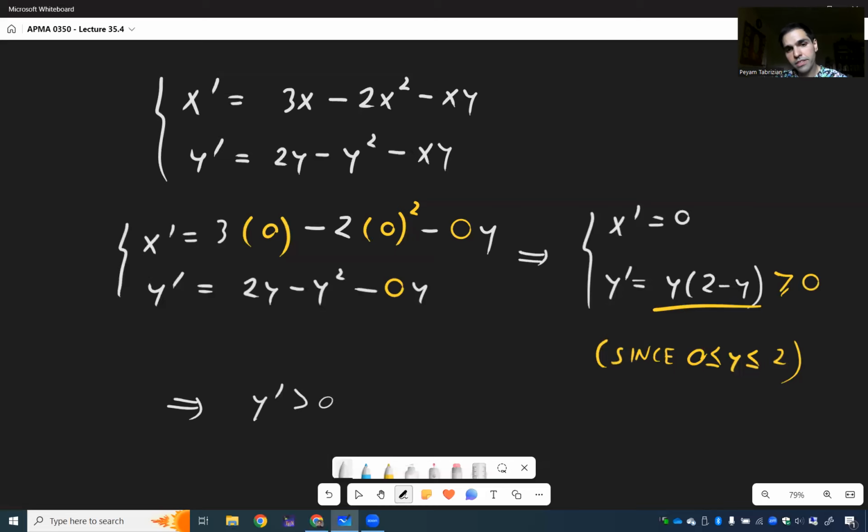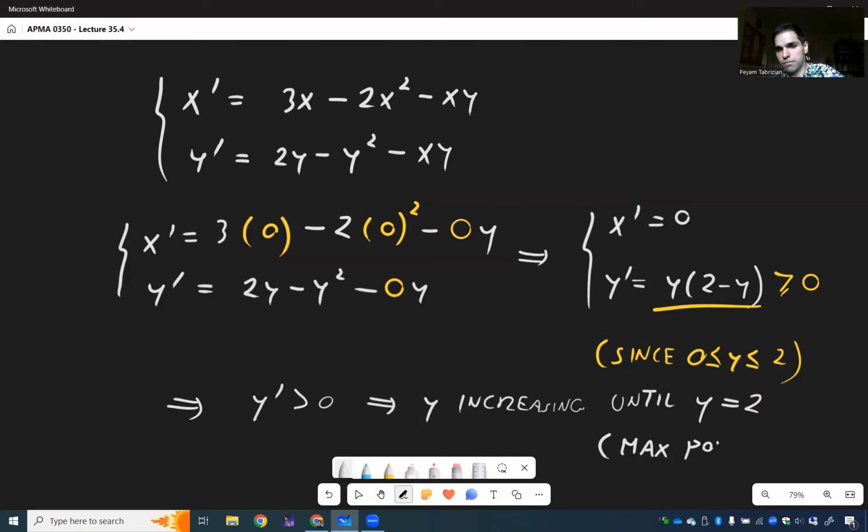So x prime is 0, and y is increasing until we reach our max population, until y equals 2, in which case the sheep stay there.